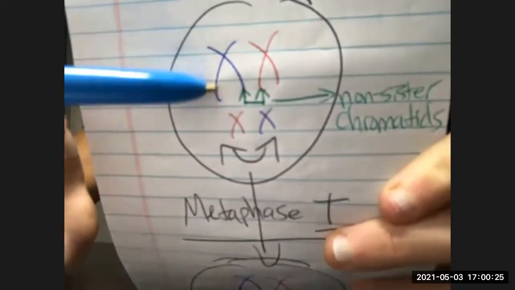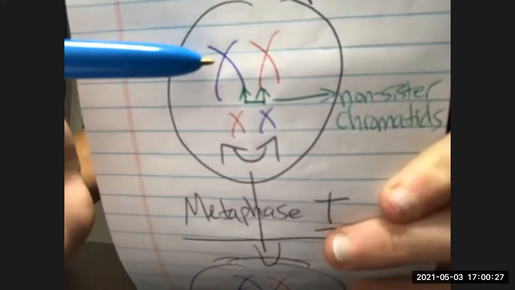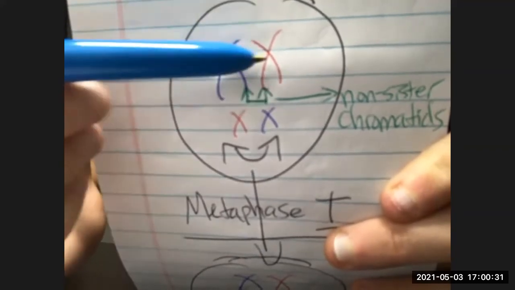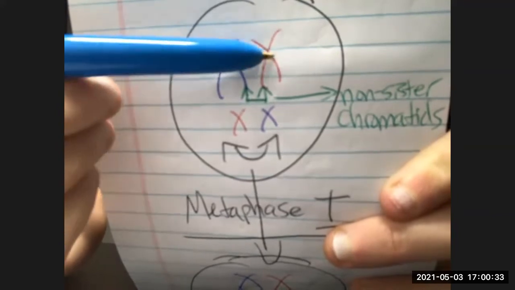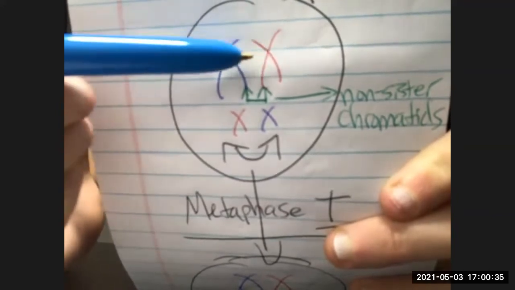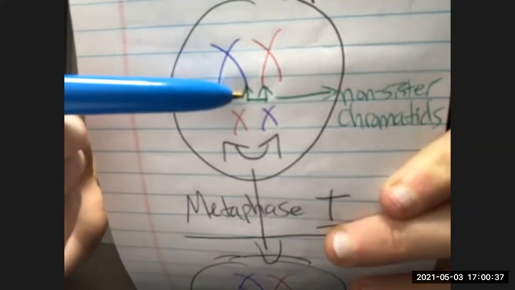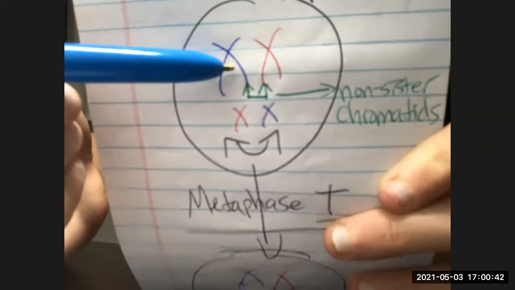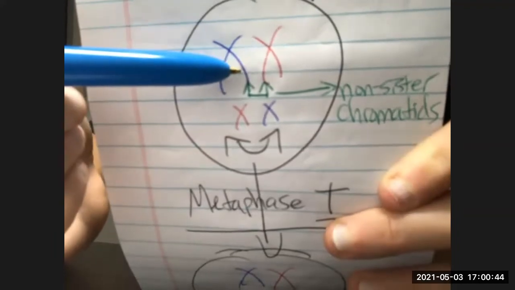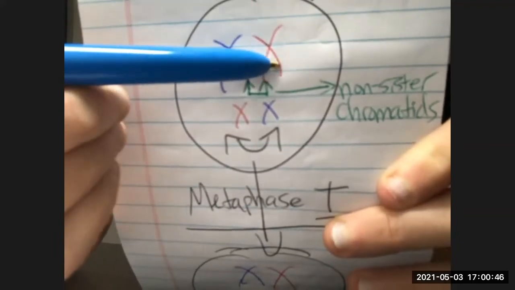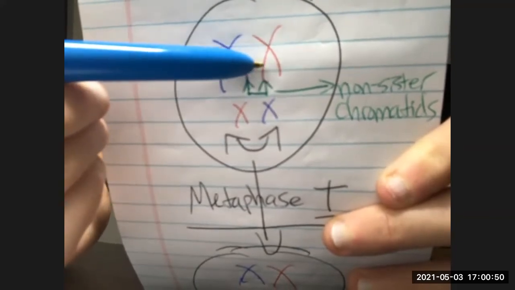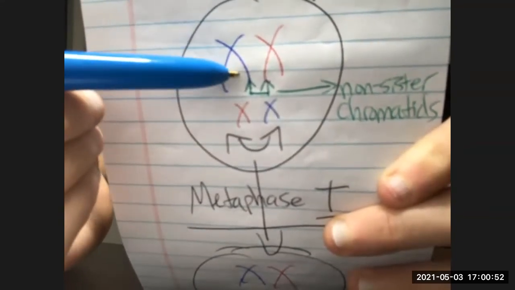This paternal chromosome has two sister chromatids attached to one another, and so does this maternal chromosome. But the two chromatids next to each other are non-sister chromatids. That's the only time crossing over occurs, between non-sister chromatids. Because if crossing over happened between sister chromatids, they're identical, so it wouldn't do anything, really.